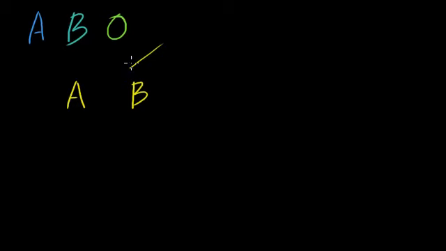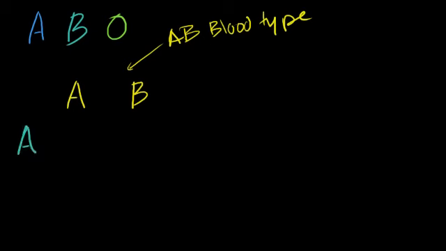So this is AB blood type. And then the other parent, let's say that they are fully an A blood type. Let's say their phenotype is an A blood type. I hope I'm not confusing you.